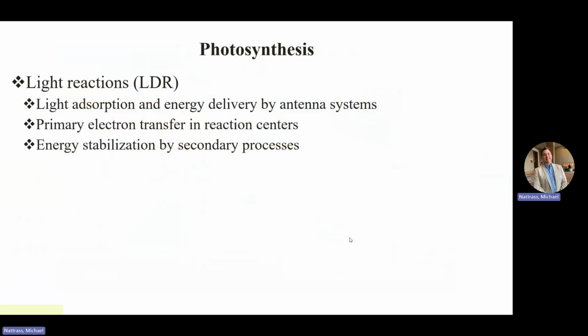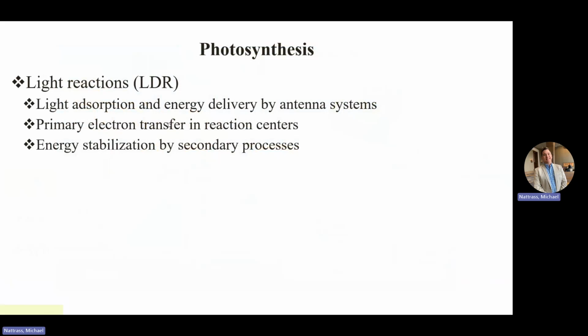So we have the electron transport in the Z scheme, and that might be a little bit too much for us in this particular module, but just understand that there are two separate independent reactions that have their own specific requirements. So the light reactions must have light. The primary electron transfer, we have some energy stabilization, and that's really getting into the cellular level.